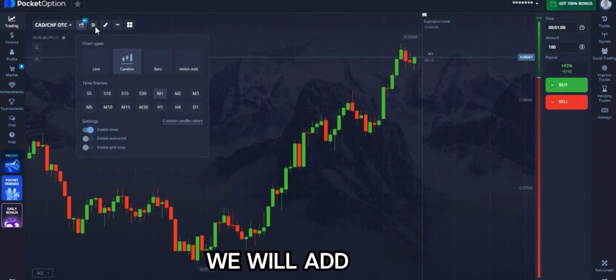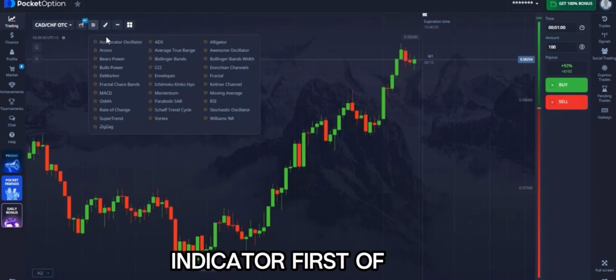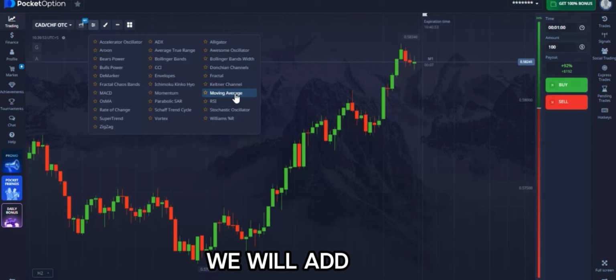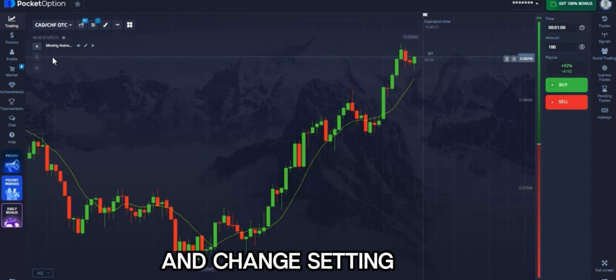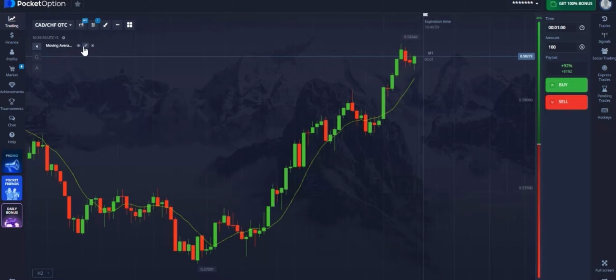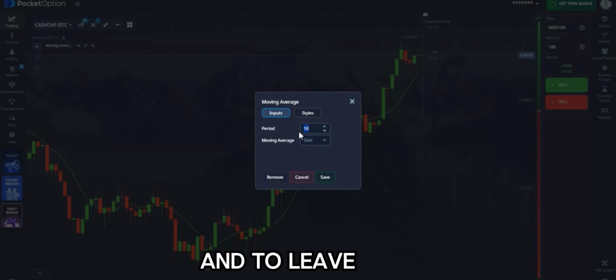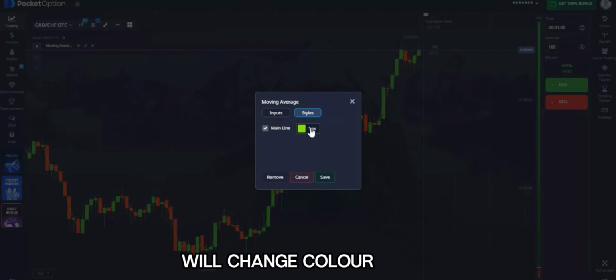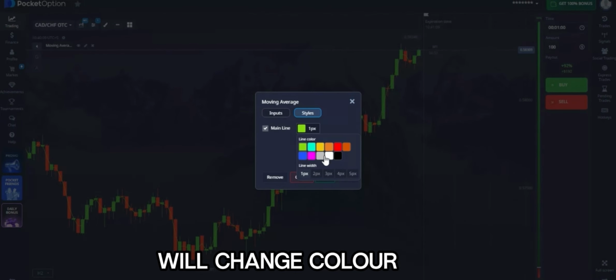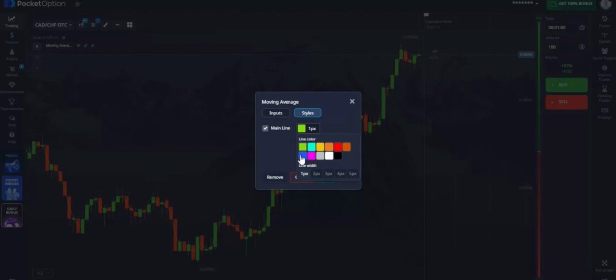We will add indicators. First of all, we will add the moving average indicator, and then change the settings and the color.